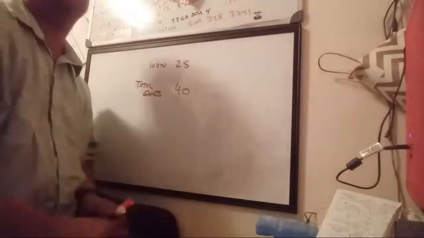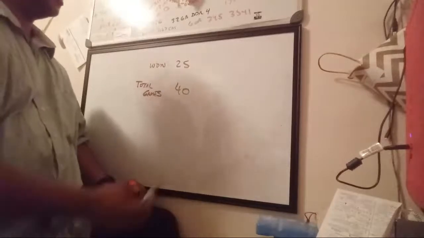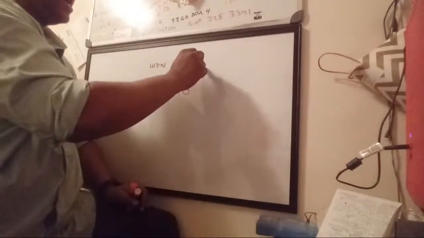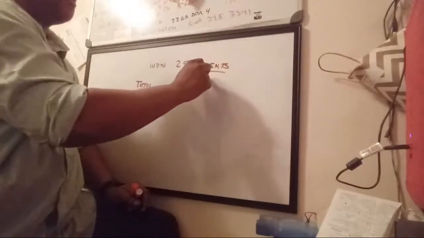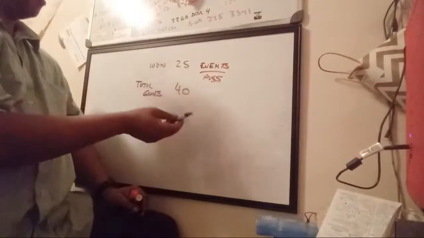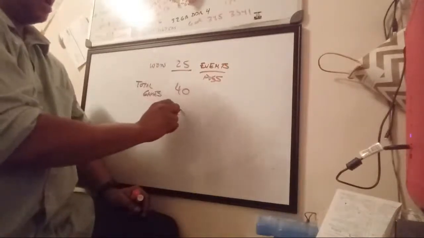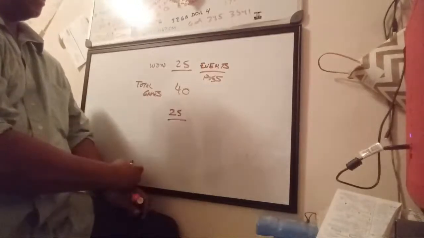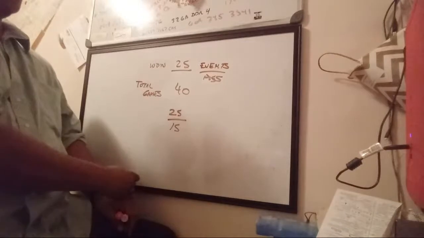No, A? You're right. They said find the ratio of games won to lost. Normally it's events over possibilities, but for the ratio of games won to lost, we won 25 games. How many did we lose? 15. So this is our fraction.